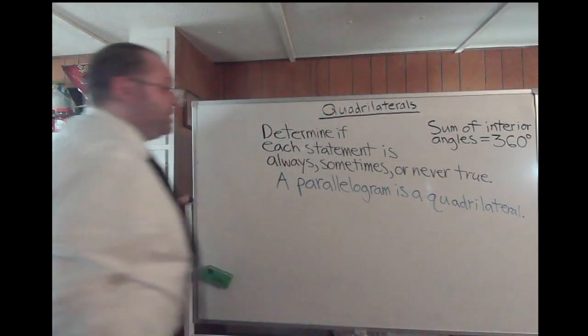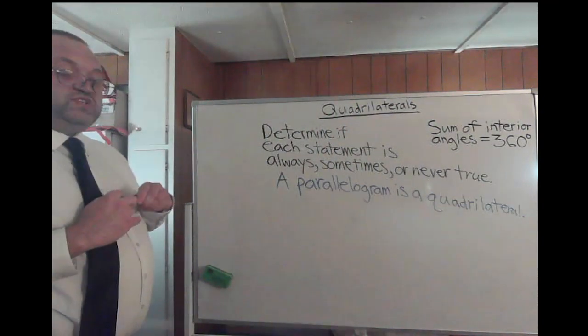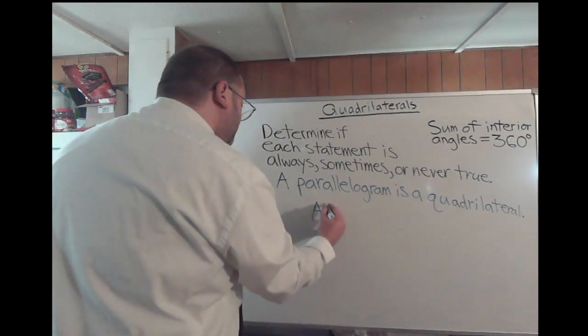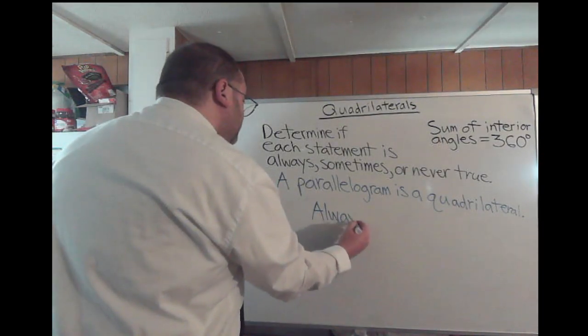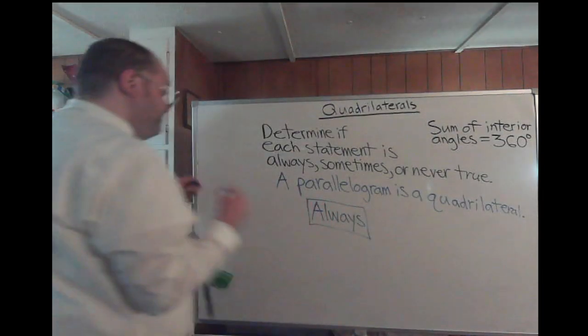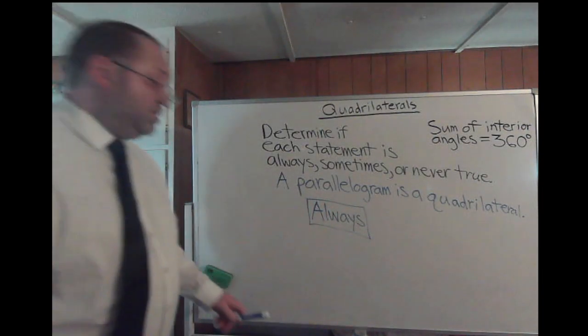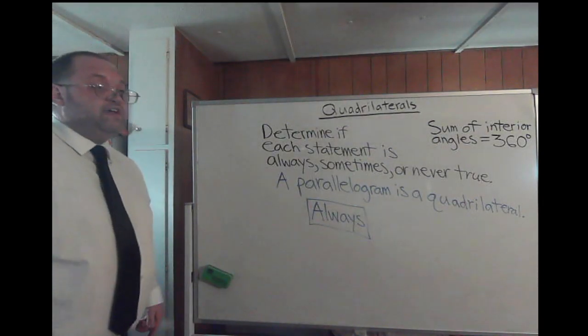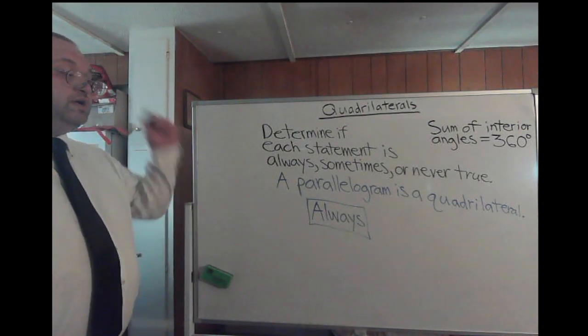A parallelogram is a quadrilateral, a four-sided figure. That's always true. We don't even have to really draw it. Now, a quadrilateral may not always be a parallelogram, but a parallelogram is always a quadrilateral. It's always a four-sided figure. So we didn't even have to do much work for that one.